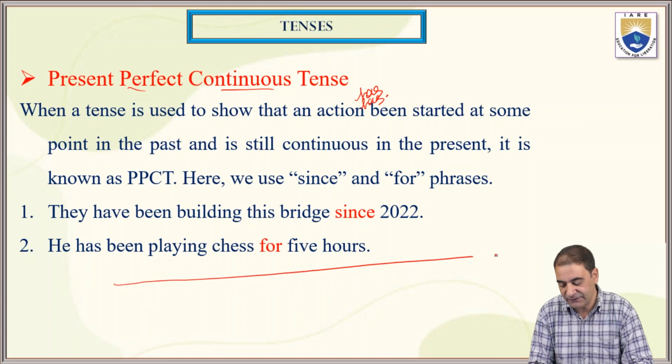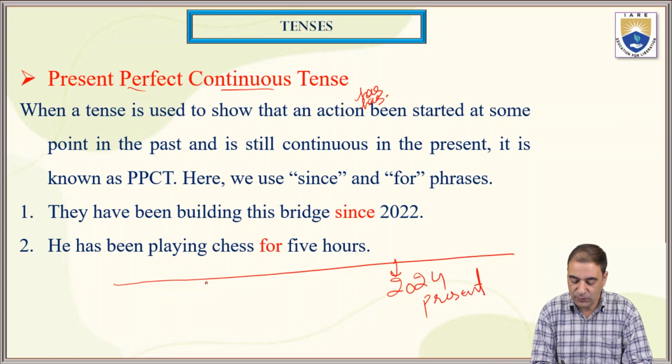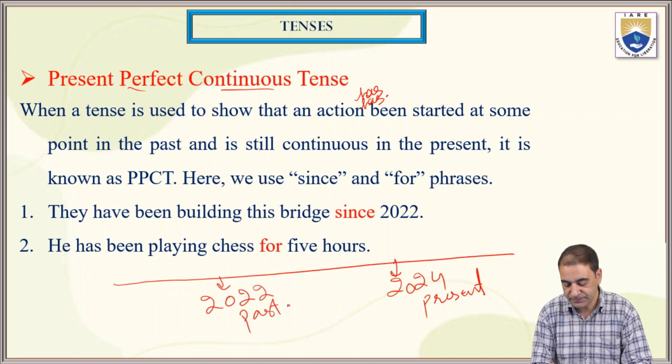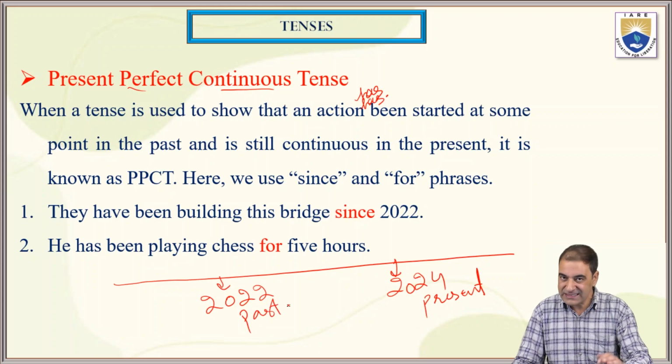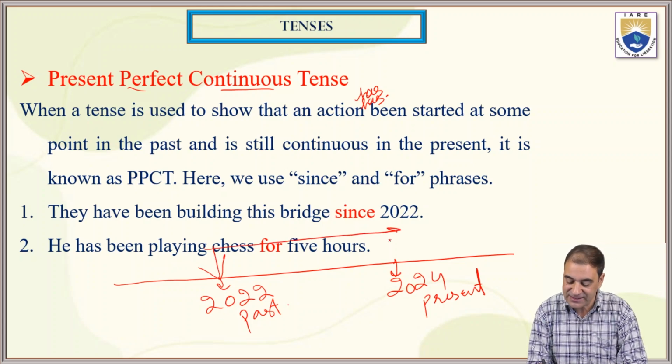If I make a graph, for example, this is 2024, and 2024 is the present time. Now, the next one is 2022, it's the past one. Now, what's this present perfect tense? When an action started at some point in the past and is still continuous in the present.